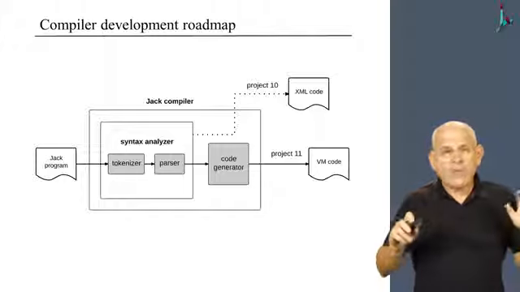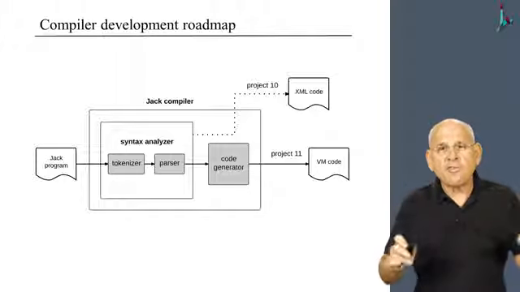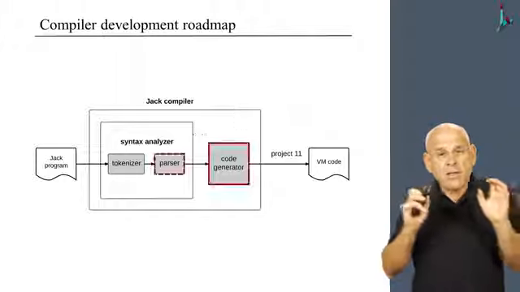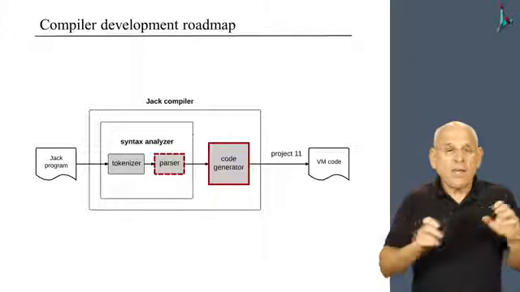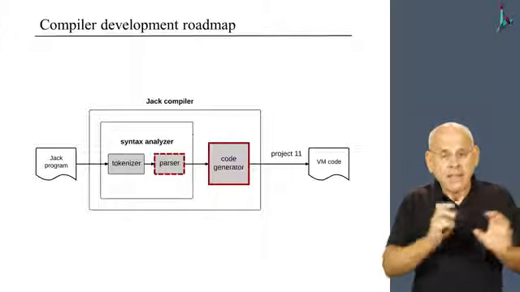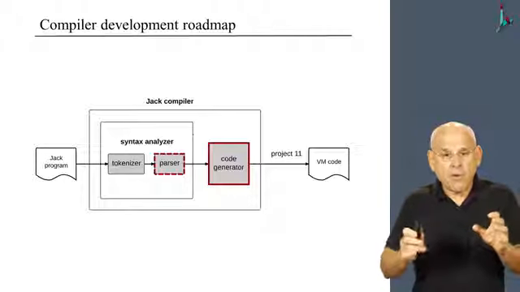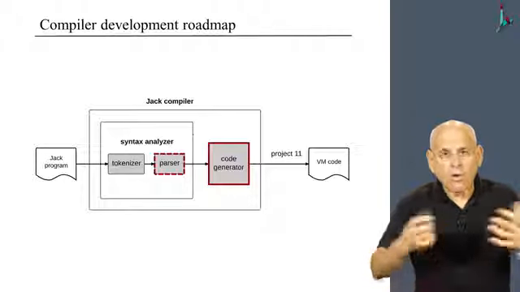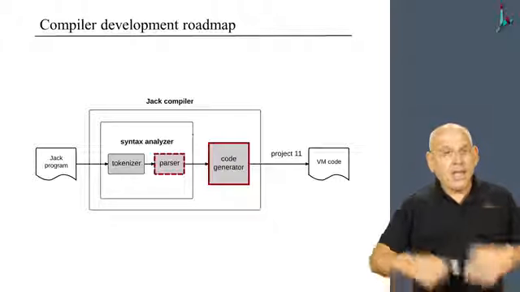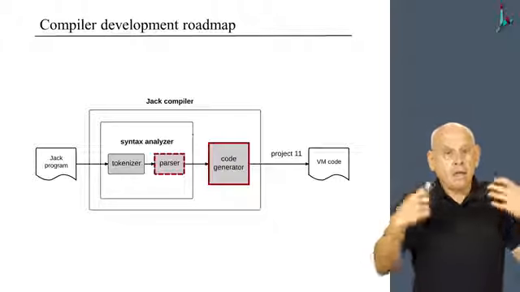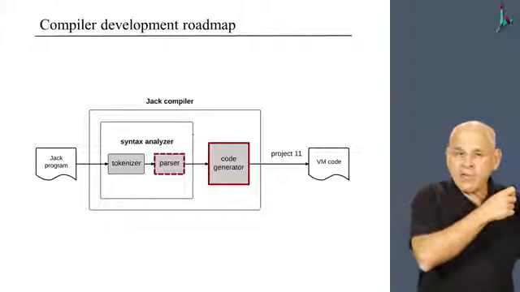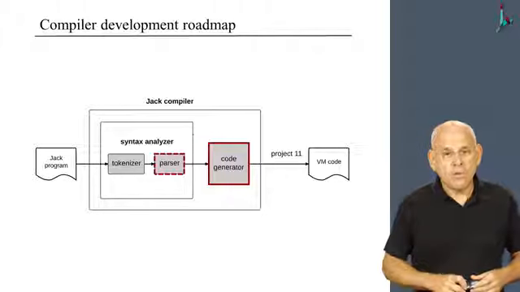So what we're going to do is focus on the parser and the code generator modules. We will rewrite certain elements from the parser that are responsible for generating code. We'll write some more code generation capabilities, and the result will be a compiler that goes all the way from Jack programs to VM code.